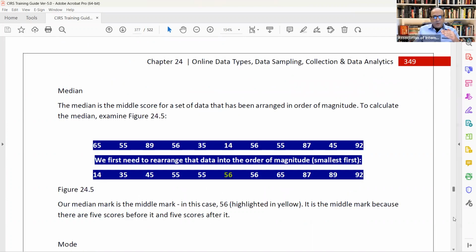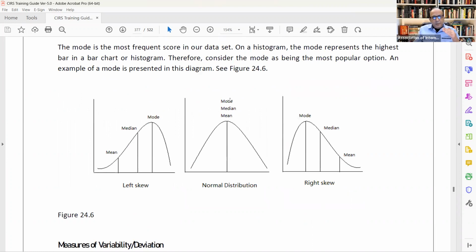Okay. So median, sometimes it's very rare when median, mode, and mean cross each other at the highest delta, as in the middle, you could see.